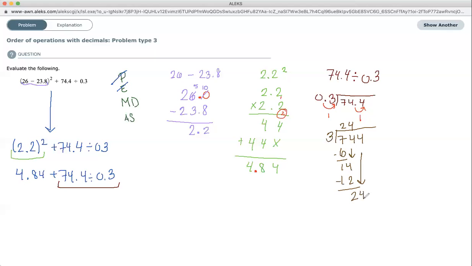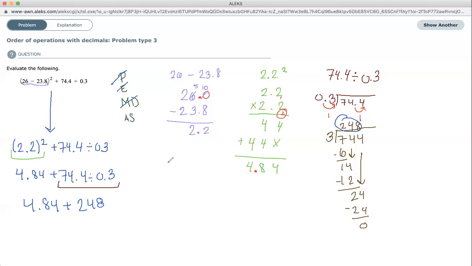It's 4. 3 goes into 24 8 times completely. And I'm left with a remainder of 0. So that part becomes 248. So I have 4.84 plus 248. Okay, we've taken care of the division.